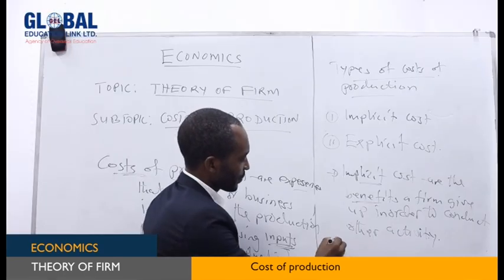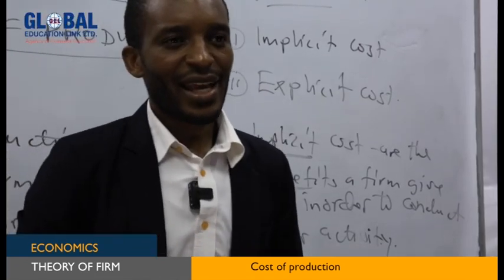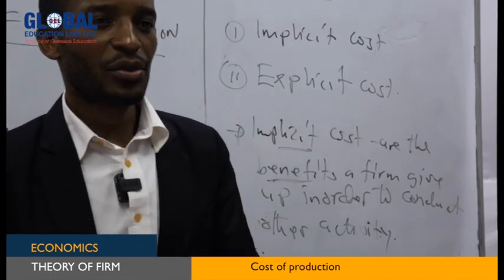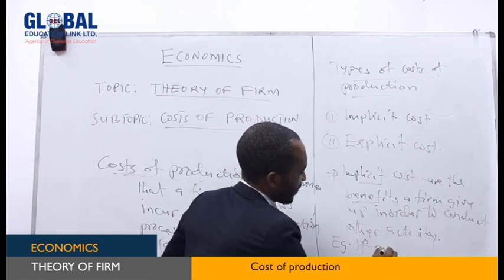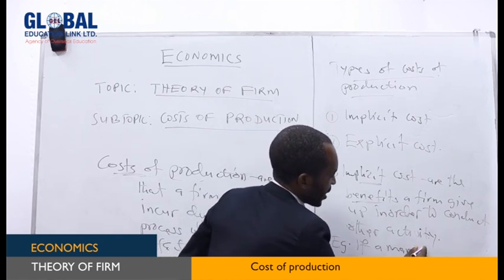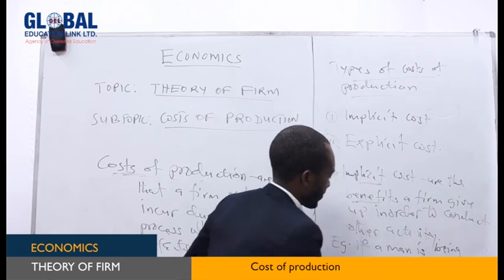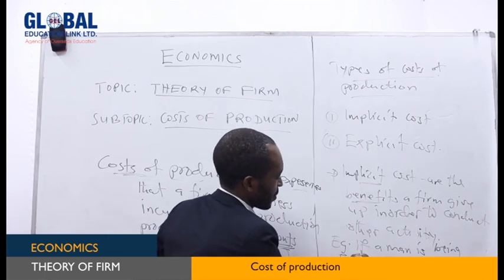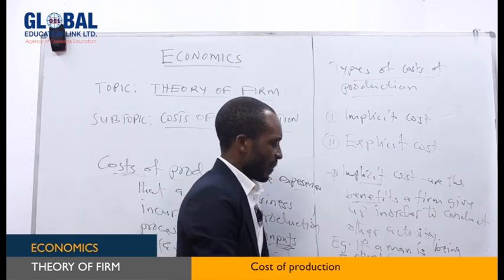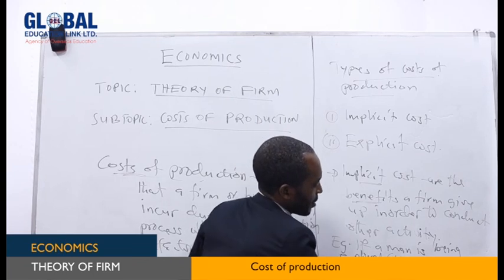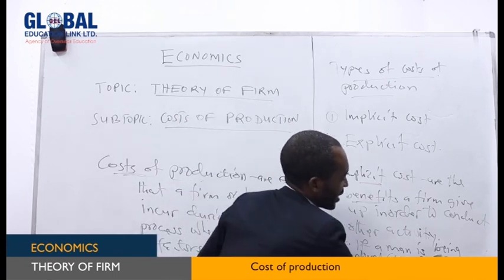And the example: let us assume a man can be either employed or decide to do his own activity. If a man is employed, he will earn a wage of 700,000.